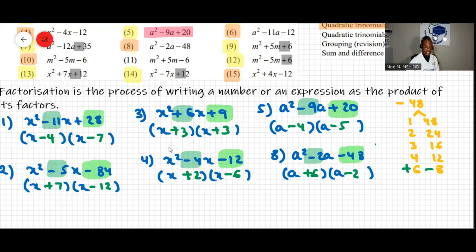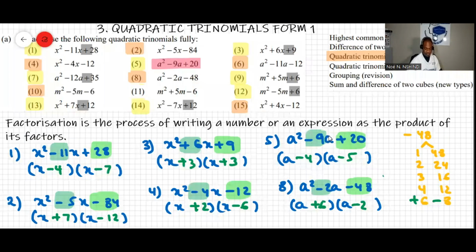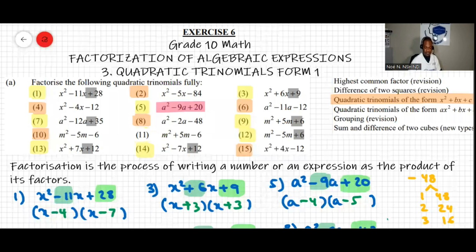Now, I want you to notice that when it ends with a negative term, the signs always alternate. When it ends with a negative number like that, the signs of the factors will always alternate.